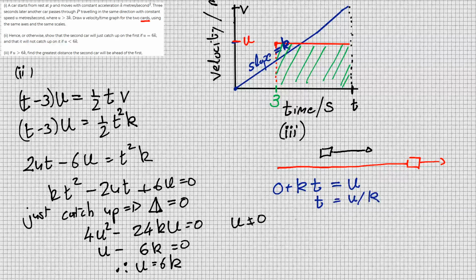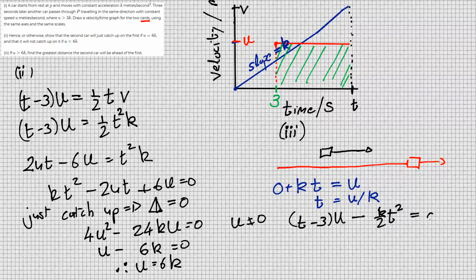So for the distance between them, we can just calculate the distance of each. The distance travelled by the second car would be (t minus 3) times u, and that should then take away the distance travelled by the first car, which we can see is a half the base times the height, which is u plus at, which is kt, so that's a half k t squared.